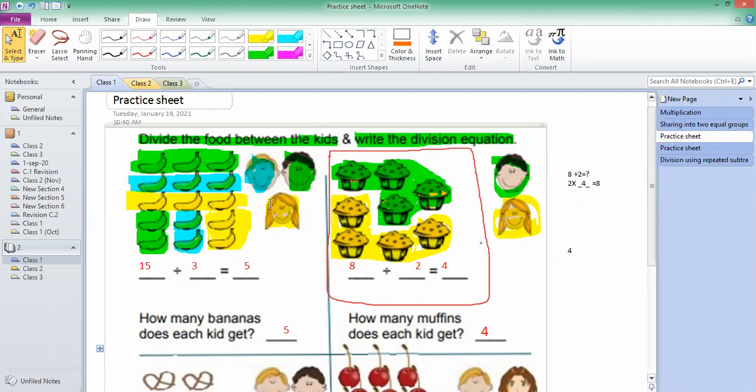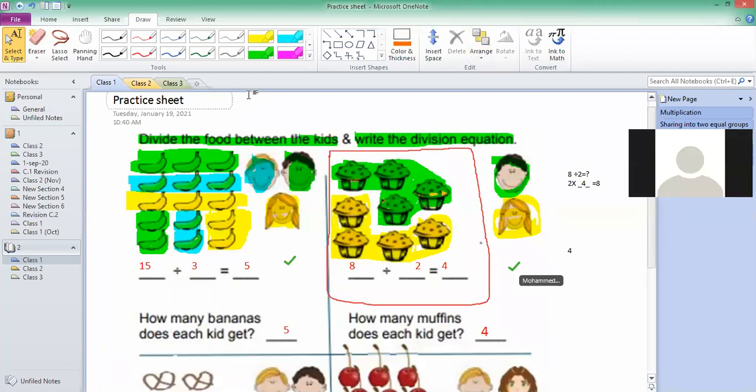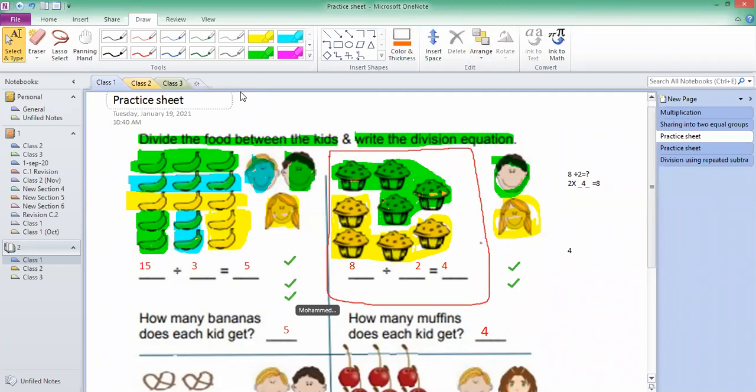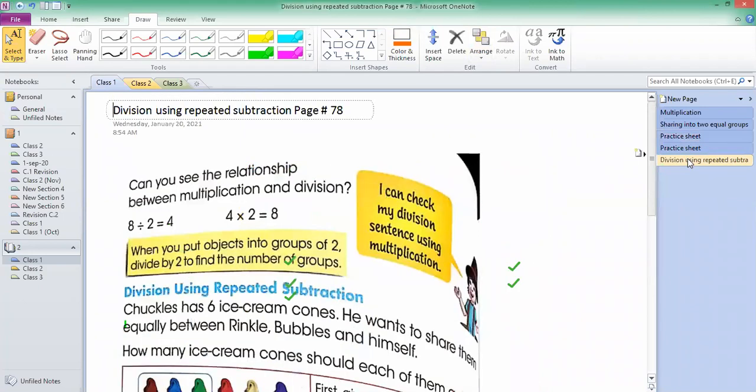This girl also gets 5 bananas. This green is for this boy. 1, 2, 3, 4, 5. And this sky blue, 1, 2, 3, 4, 5. So every kid gets 5 bananas. Okay, this is what you did with sharing into equal groups.